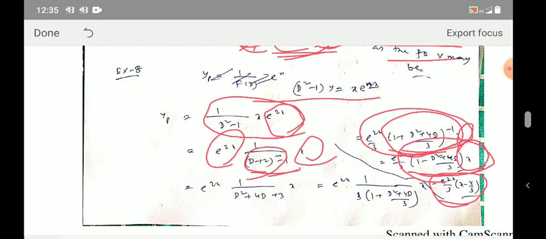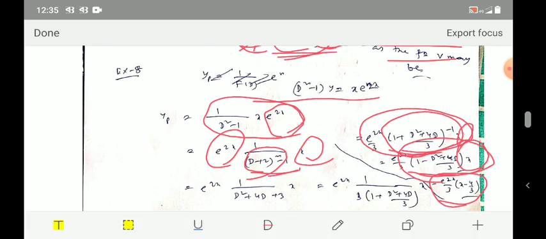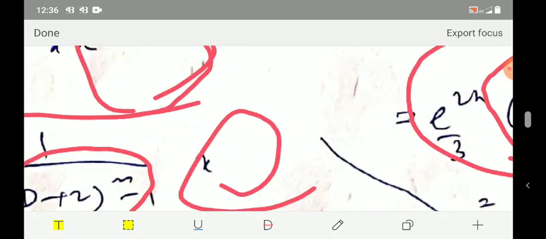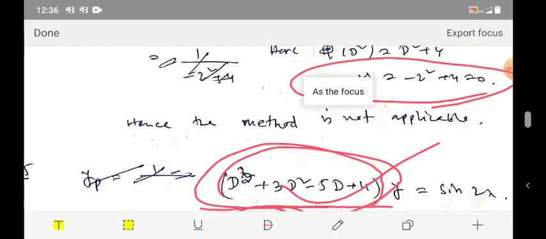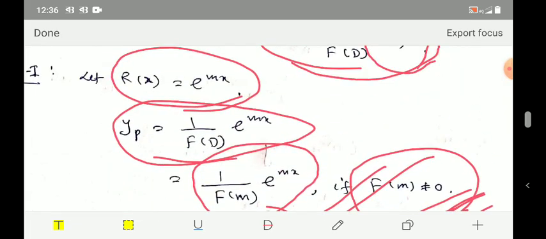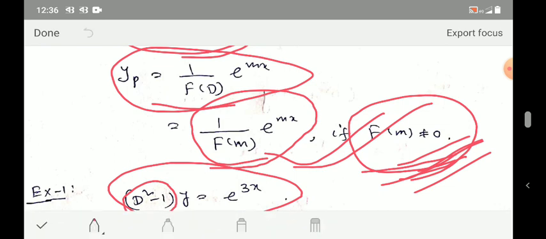Actually, in this lecture I have considered these 4 rules, which will be applicable in most of the cases to solve most of the differential equations. Actually, this last rule which I used is also applicable for the first case. The exception in rule 1 was if f of m equals 0. If f of m equals 0, then we cannot use this rule. Then what will we do?